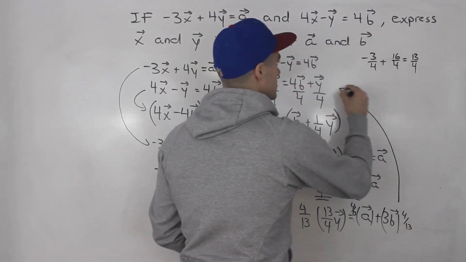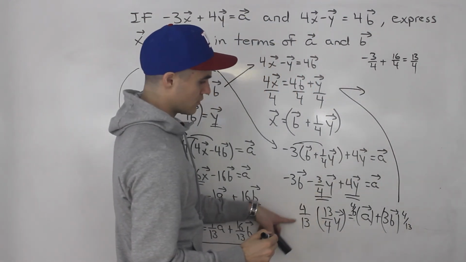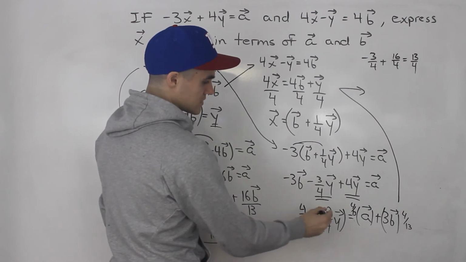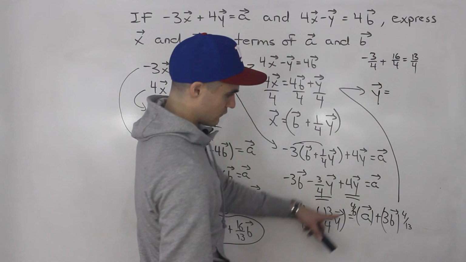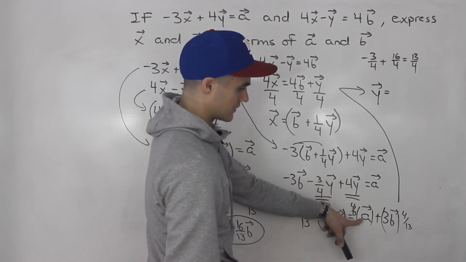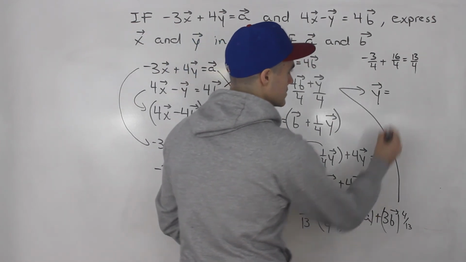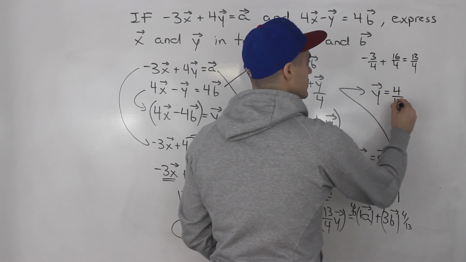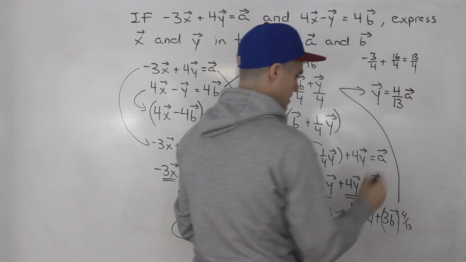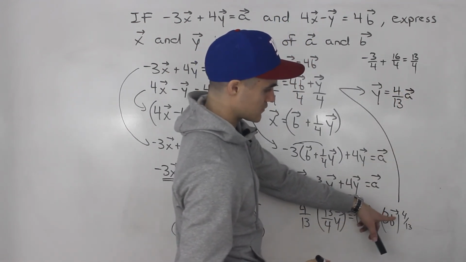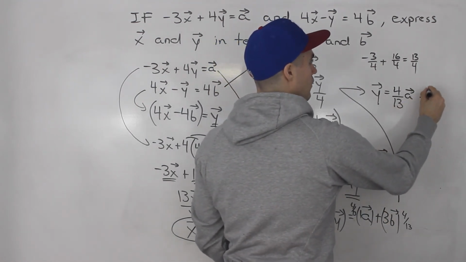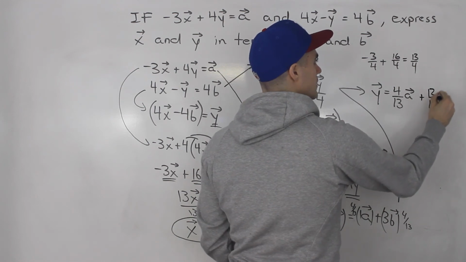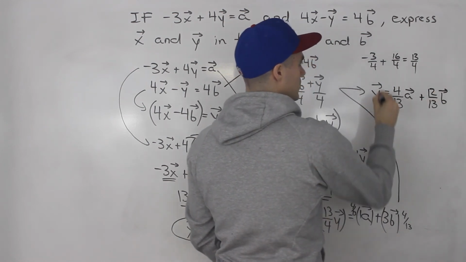So I'm going to continue this up here. So 4 over 13 times 13 over 4, notice that will just be 1, so we get the y by itself. And then 4 over 13 times vector a, notice there's just a 1 in front, so that would just be 4 over 13 vector a. And then 3 times 4 over 13, that's like 3 over 1 times 4 over 13, which is 12 over 13. That is vector b.